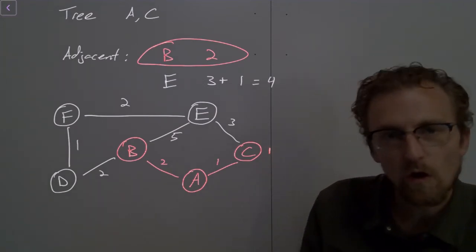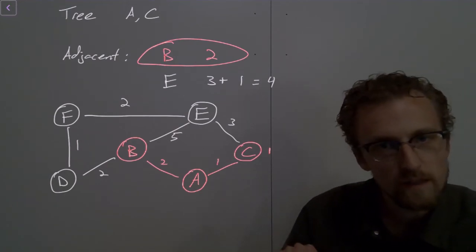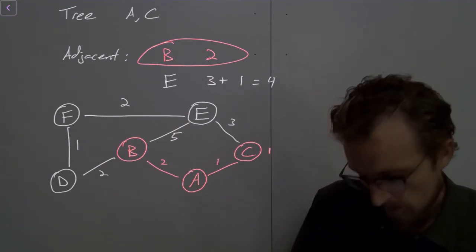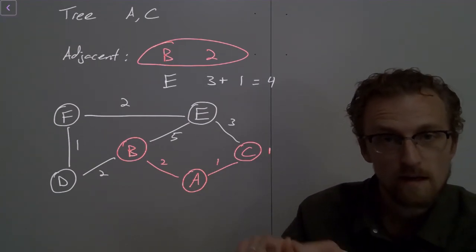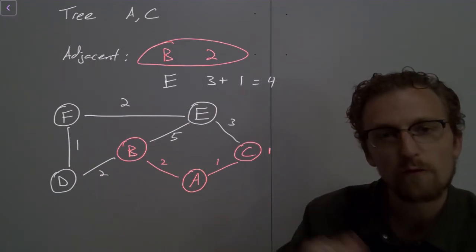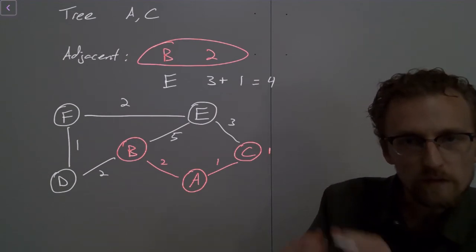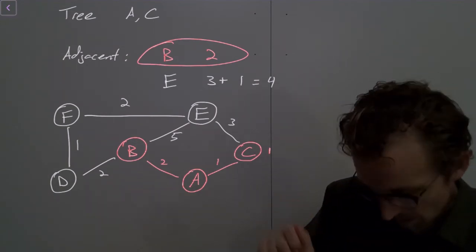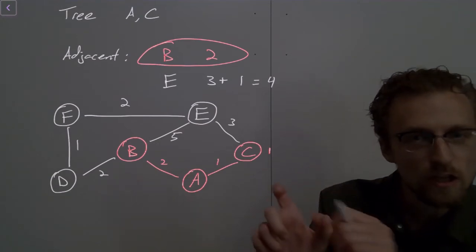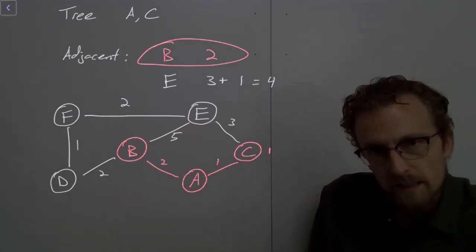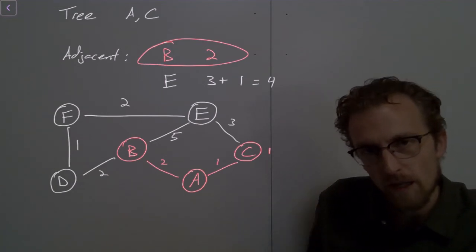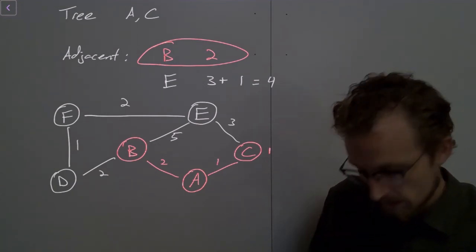Well, because we know that wherever B connects to the tree, it's connecting to a shortest path, and that means that the shortest path from B to A must be just the edge that connects it to the tree, and then the following shortest path from there. Why is it the case that there can't be a different path from B to A that has a lower distance?